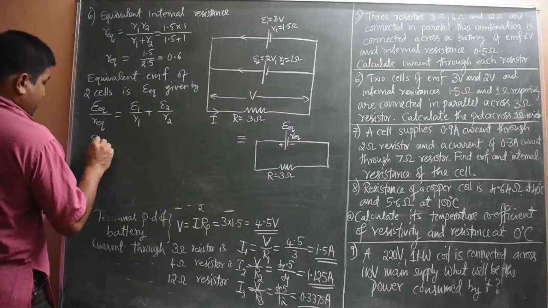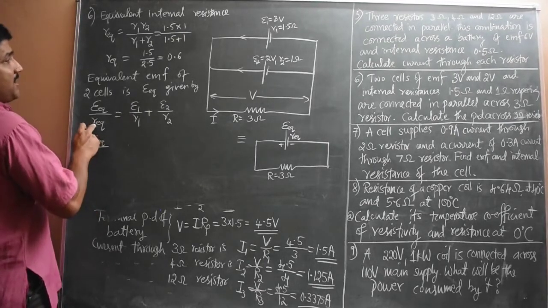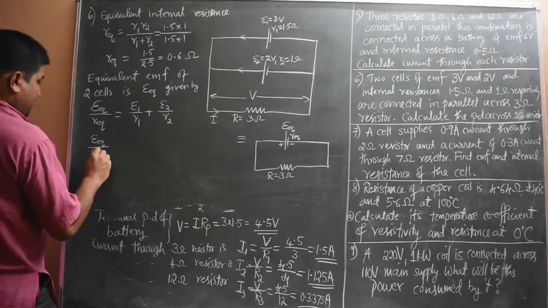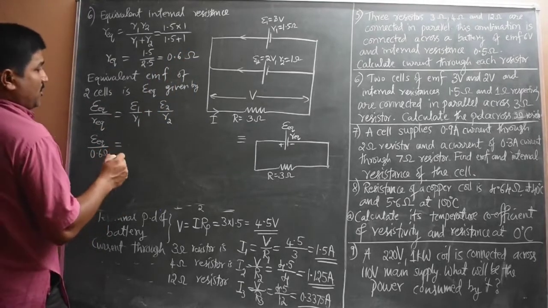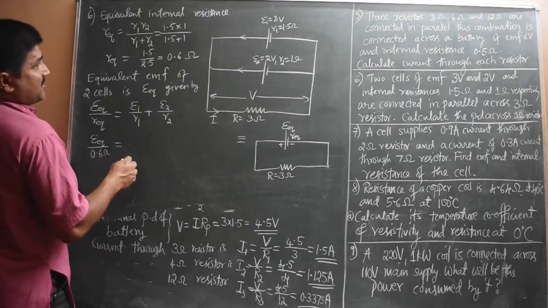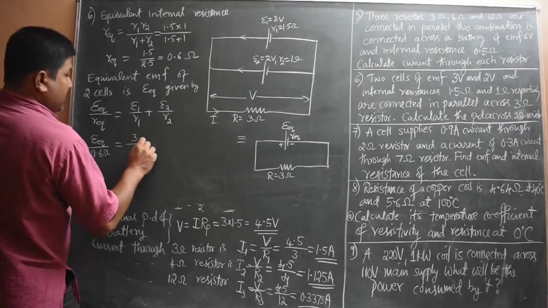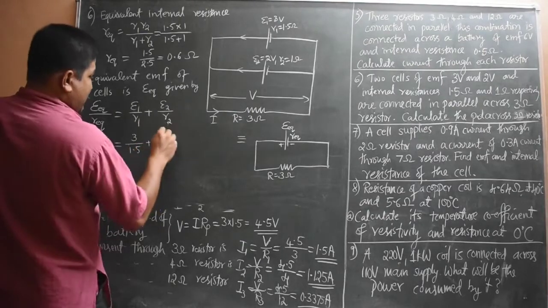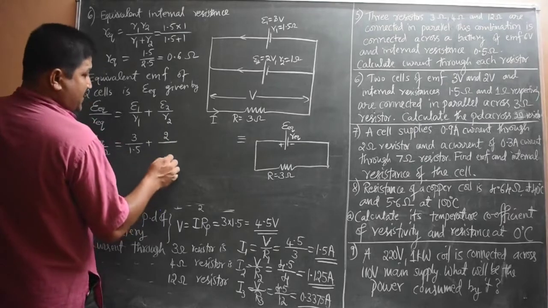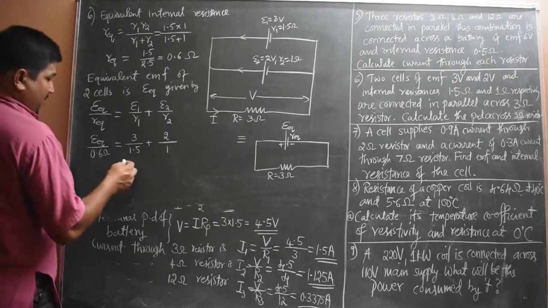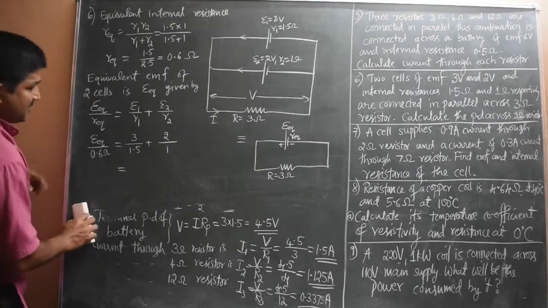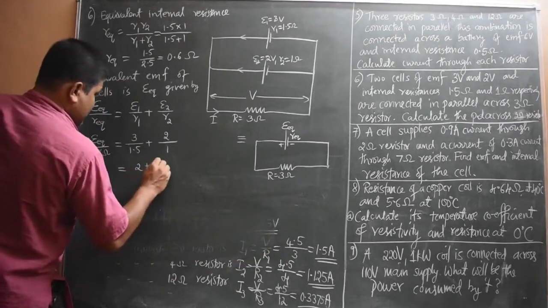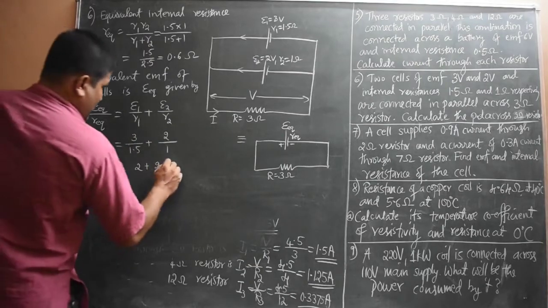Epsilon EQ is the required value. r EQ we got already, 0.6 ohm. That is equal to epsilon 1 by r1, which is 3 volt divided by 1.5, plus EMF of the second cell 2 volt divided by its internal resistance 1. Now we have to simplify this. 3 divided by 1.5 is 2, plus this one also 2. So that is equal to 4.